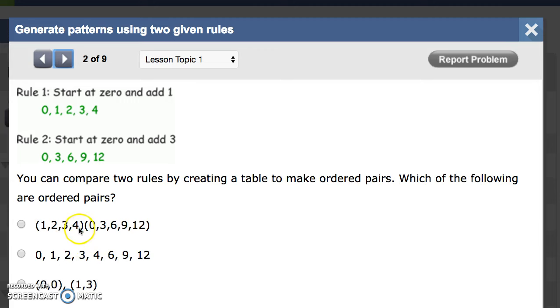The key here is in the phrase pair. How many is a pair? A pair always means 2. So ordered pairs are 2 coordinates: 0, 0, 1, 3. So the correct answer is choice C.